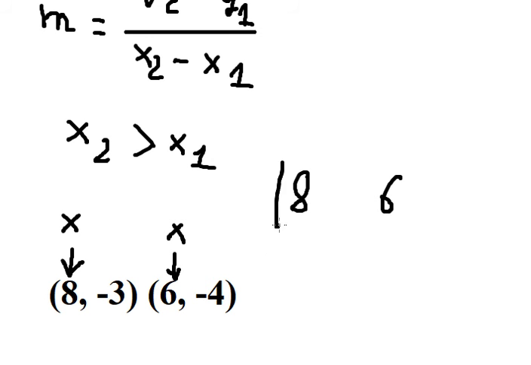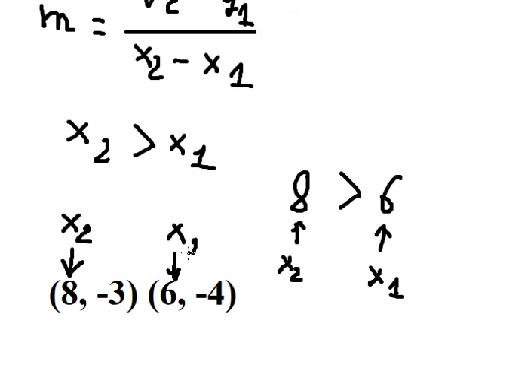That is 8, because 8 is greater than 6. So 8 is x2, and 6 is x1. So we put 2 here, 1 here. That means this one should be y2, and this one should be y1.